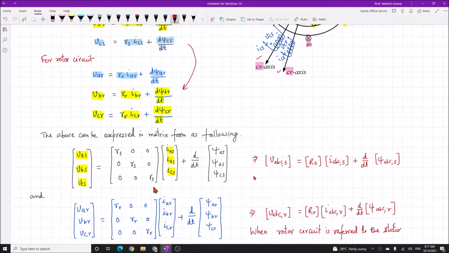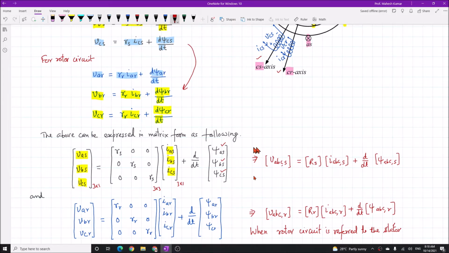So this resistance matrix is a diagonal matrix, in fact 3 by 3, this is 3 by 1, and finally the overall matrix is 3 by 1. Plus d by dt of the flux linkages, I'm sorry, d by dt of psi AS, psi BS, psi CS.